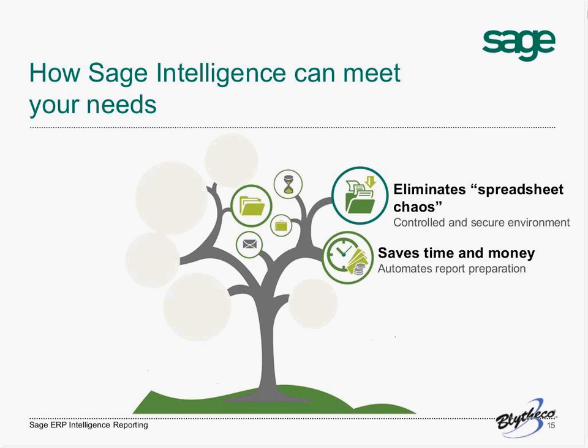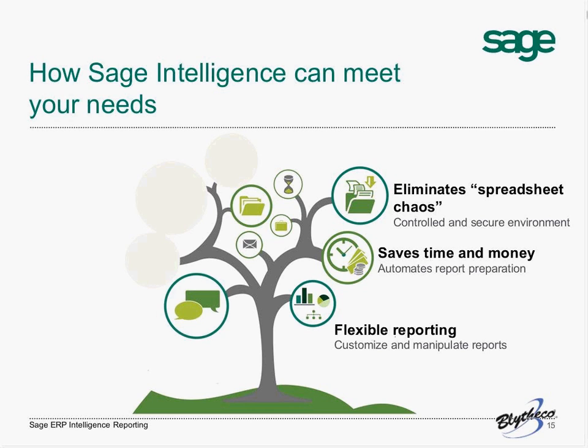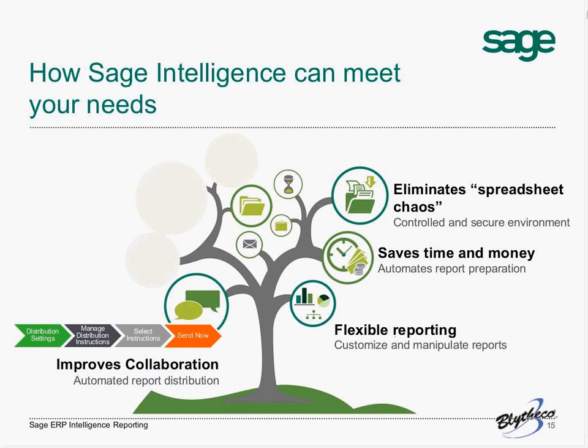The next time you export to Excel, I want you to give yourself a little homework: make a note reminder, because for any type of Excel export, Sage Intelligence can replace that entire process for you. Obviously, flexible reporting, so we'll get really into that in this demonstration. We need automated report distribution to help improve collaboration, so everyone gets the same report at the same time.